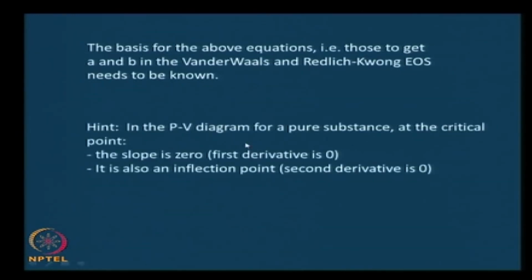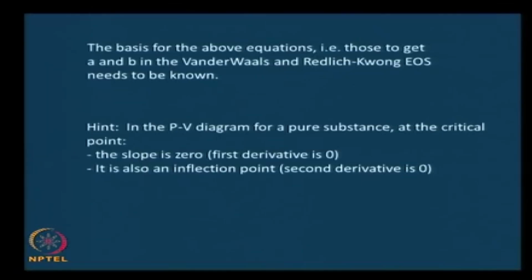Let me tell you how to go about doing it and give you some time to do it. If you recall the PV diagram for a pure substance, pressure versus specific volume, at the critical point the slope is actually 0. What is slope?